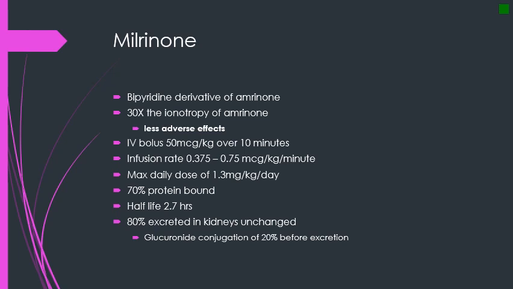So you're pretty good with not getting that drip started right away if it's not necessary. It is excreted 80% in the kidneys unchanged, which is why if you've got a renal patient, then you need to decrease your dose. And then what is metabolized is through glucuronide conjugation before it's excreted.